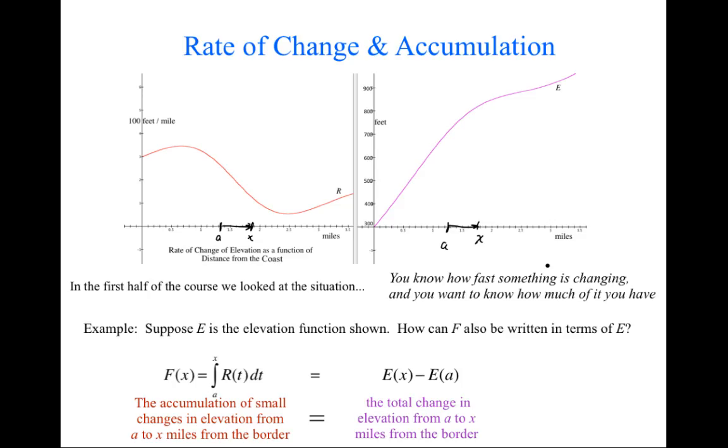So the left side is like an open form representing that process of summing up all the little bits of change. And then the right side would be, okay, we know the final elevation, we know the starting elevation, just total change, right? Total change is final minus initial. So this is, in essence, if you remember, the fundamental theorem.